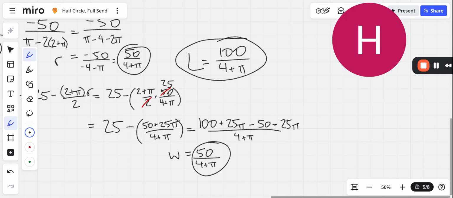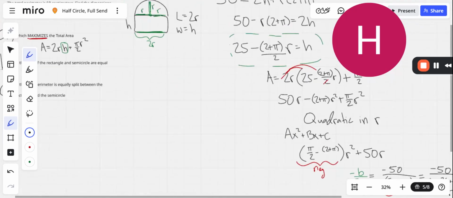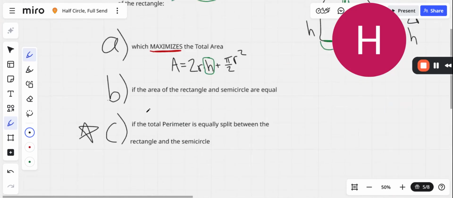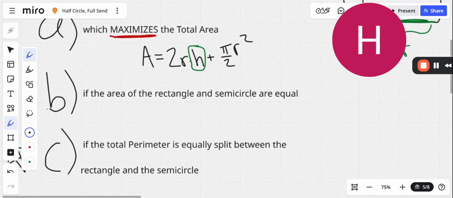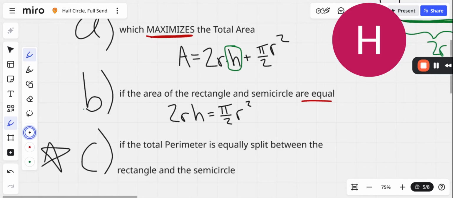So yeah, let's answer the question carefully, right? That's the whole point of this. Okay, now let's look at part B, which is saying that the area of the rectangle and semicircle are equal. Now, if that's the case, what we're going to be doing is saying that 2rh equals pi over 2 r squared. And so this is not necessarily tougher, but it is different.